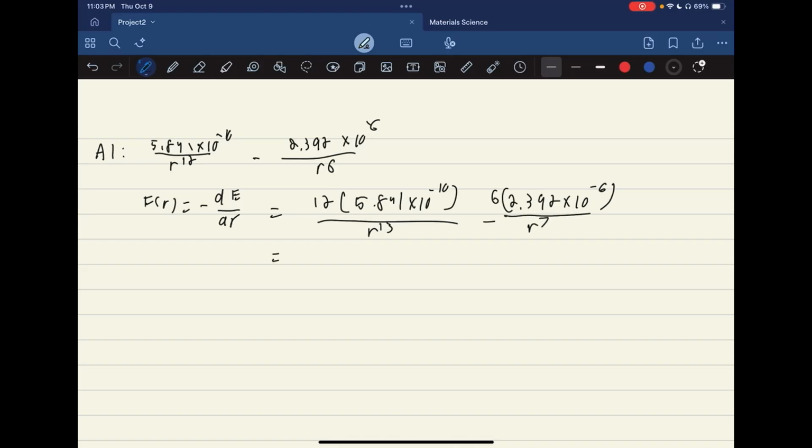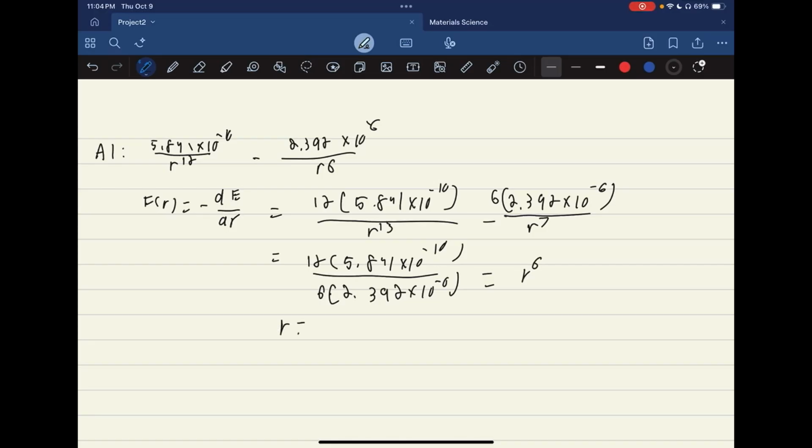And then when you solve for that, you can add the 6 times the 2.392 times 10 to the negative 6 over R to the 7th to the other side, and then cross multiply to separate it as 12 times 5.841 times 10 to the negative 10th over 6 times 2.392 times 10 to the negative 6th equals R to the 13th over R to the 7th, but this all equals R to the 6th.